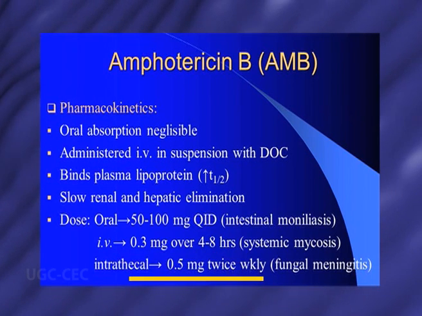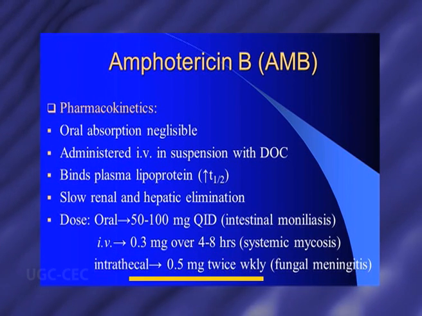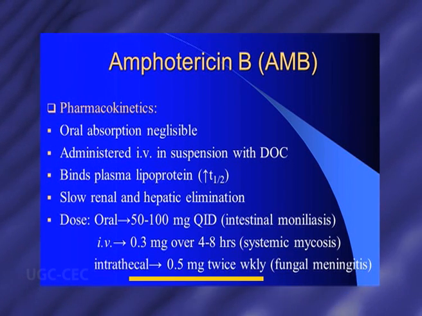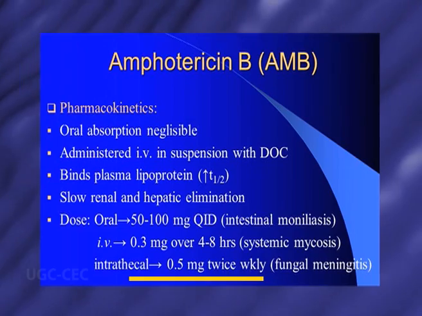And for fungal meningitis, the drug has to be administered intrathecally, that is inside the central nervous system, at a dose of half milligrams twice weekly. Amphotericin B has certain newer formulations. For example, Amphotericin B colloidal dispersion, Amphotericin B lipid complex, or newer liposomal Amphotericin B.